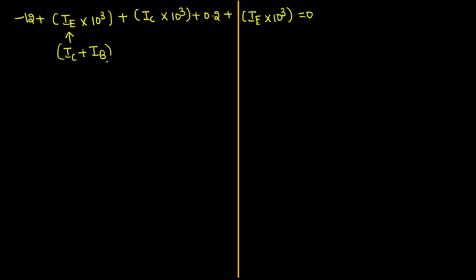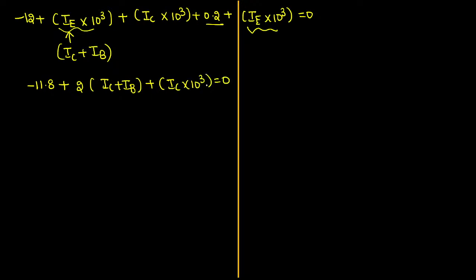Now here again emitter current IE can be replaced by IC plus IB. Fine. So that's all. Now minus 12 plus 0.2, minus 11.8 voltage plus, first of all, this IE will become 2 times IE, and then you can replace IE by IC plus IB. So 2 times (IC plus IB) plus collector current IC into 10 power 3 equal to 0.